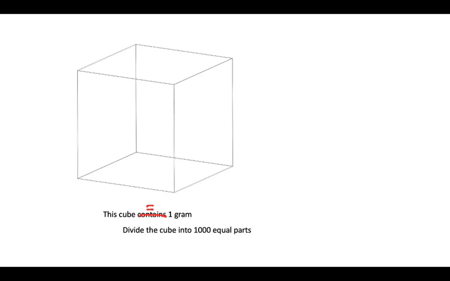This cube represents 1 gram. We're going to divide this cube into 1,000 equal parts. So it's going to be 10 divisions here, 10 here, and 10 in this direction. Now we've got 1,000 small cubes within our large cube, and we're going to look at just one little portion of that.